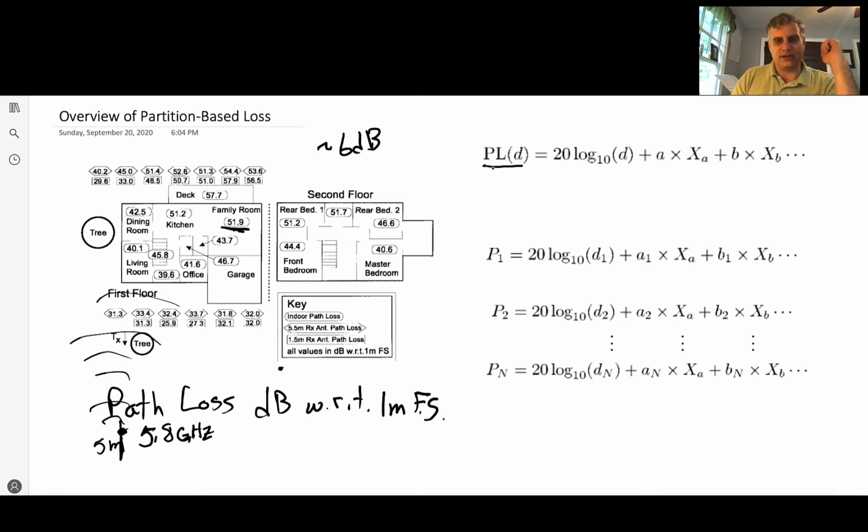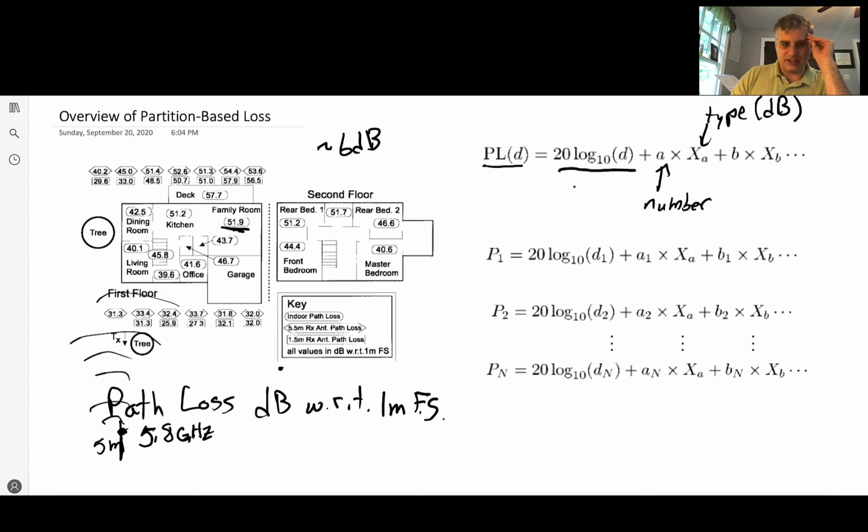And their model says path loss is going to be equal to, instead of 10n log base 10 of the transmitter-receiver separation distance, we're just going to say it's free space loss, and that any additional loss you see is correlated to the number and the type, and by type we mean dB loss per a certain type, the number of a certain type and the loss per that type of each partition that's in the way.